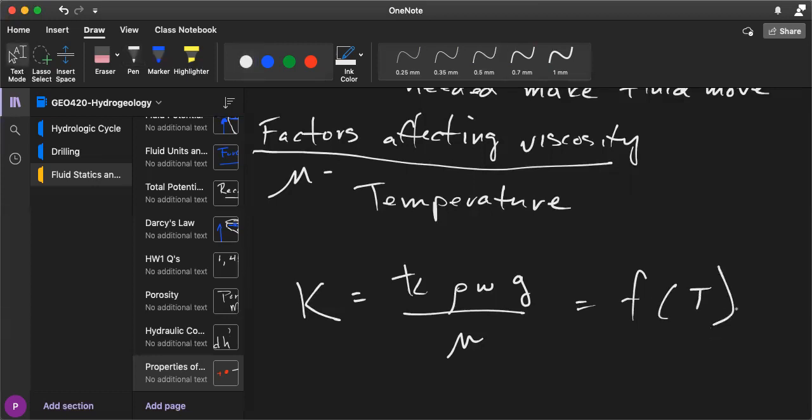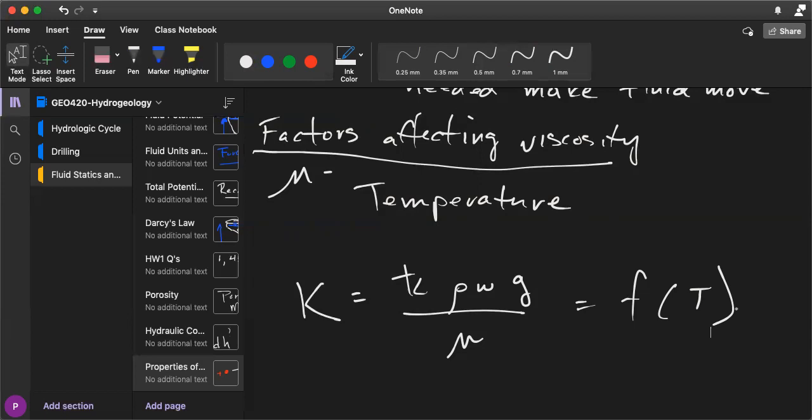Now, we often ignore changes in temperature, and we often just report a hydraulic conductivity. You're going to see hydraulic conductivities from tests in Florida in gravels, and you'll say, oh, hydraulic conductivity of gravel looks like it's about 10.